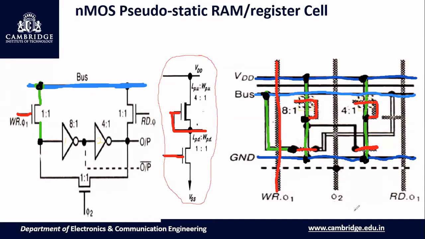One more pass transistor is required. So this is another pass transistor. From the input of the first inverter, which is nothing but poly, the input of the inverter, it should be connected to this pass transistor, which has the control input of phi 2.